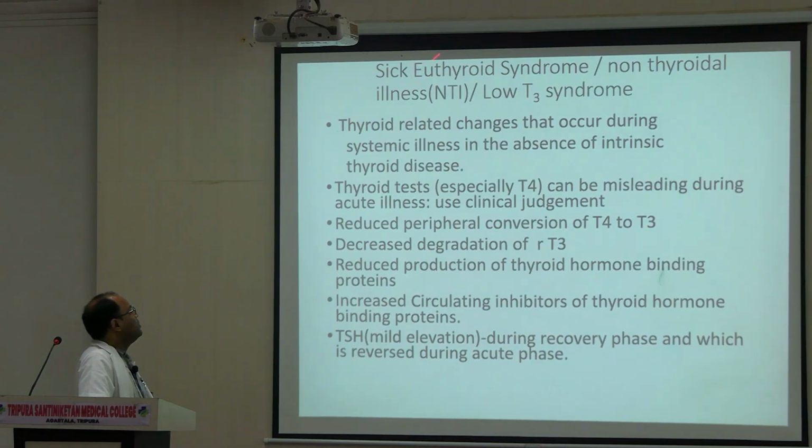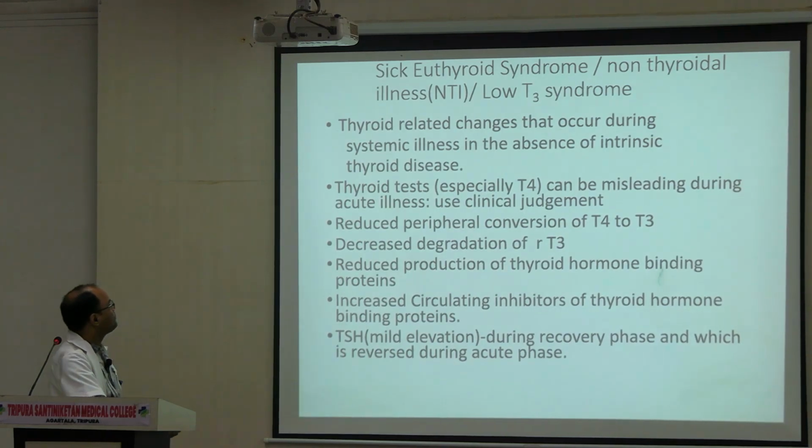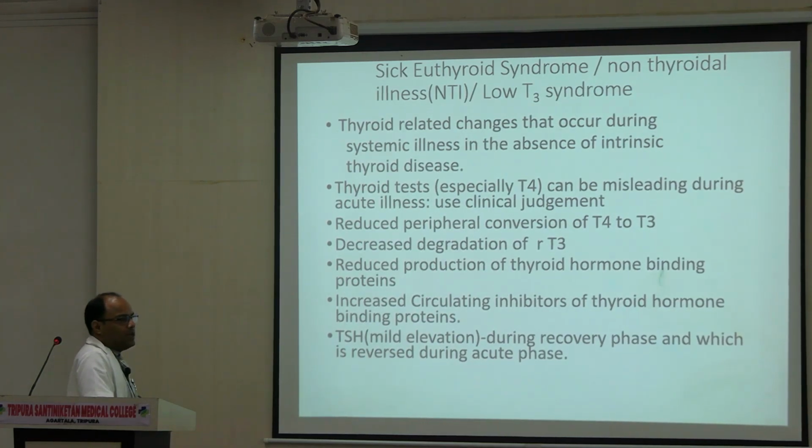Next is sick euthyroid syndrome. Here, thyroid-related changes occur during systemic illness in the absence of intrinsic thyroid disease. Patients suffering from chronic illness may develop sick euthyroid syndrome.